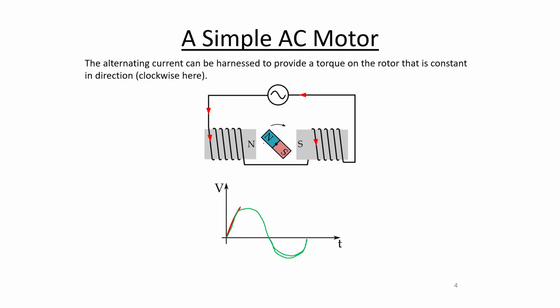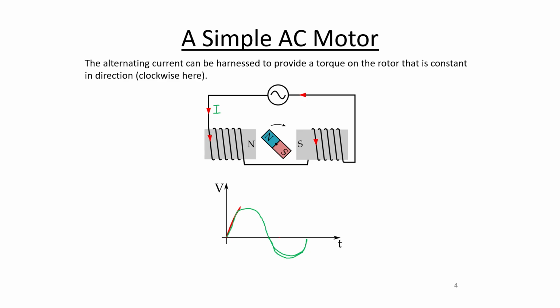And as for why it's going to rotate in that direction, well, notice that here the position of the rotor is this. And so as the voltage applied to the circuit rises, that means the current, so this is indicating I, the current rises.